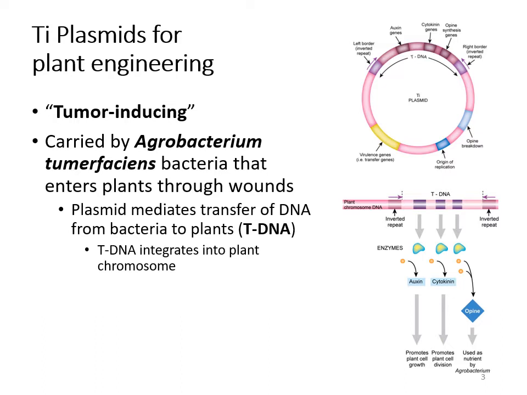Okay? Now, we can then use these plasmids in genetic engineering because if this bacteria has the plasmid, which mediates transfer of DNA segments into plant cells, then what we can do is cut out those genes for tumor induction and instead put our own genes in there.